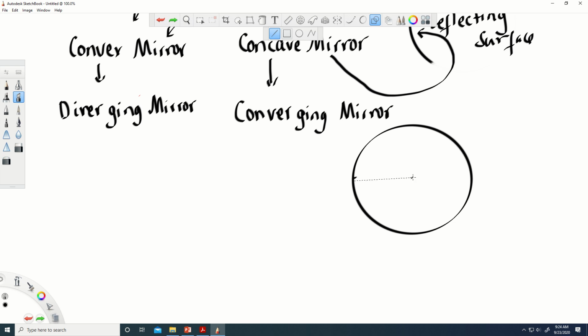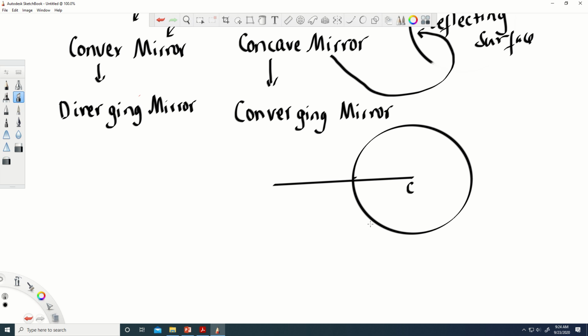I can draw the same line on this side also. This is the center.